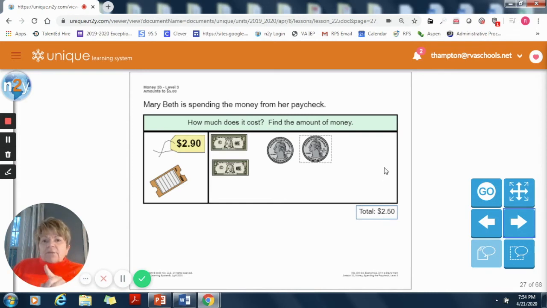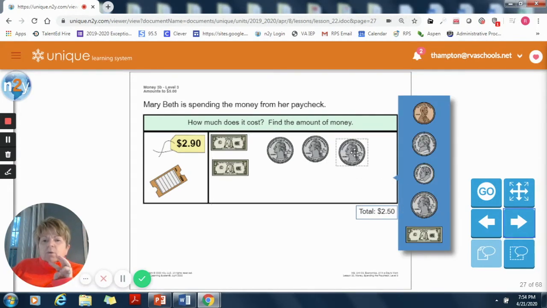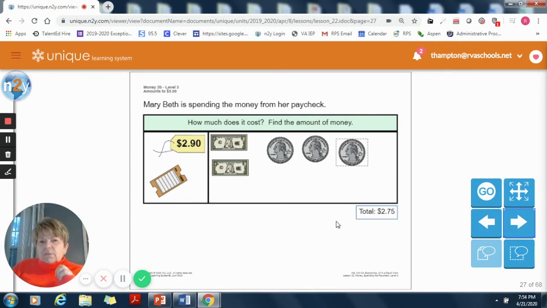And then we had another lesson where when we put 3 quarters together, how much money did we get? Think real hard. Remember, you can always add 3 25s together, or you can put your dots and count, right?